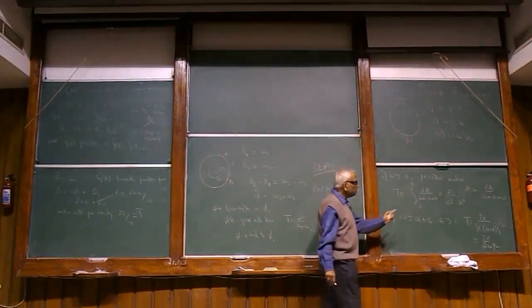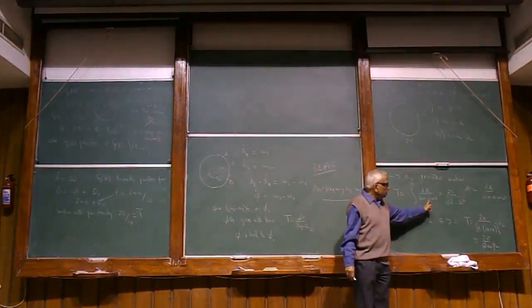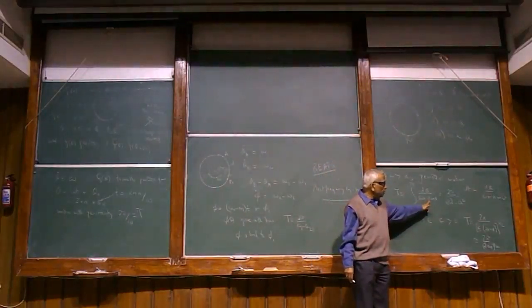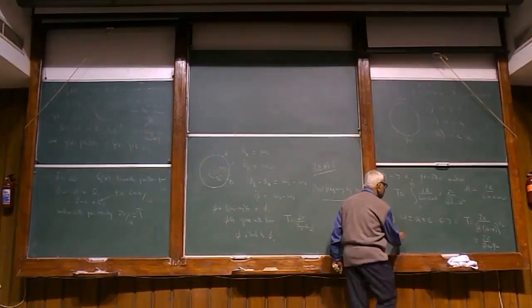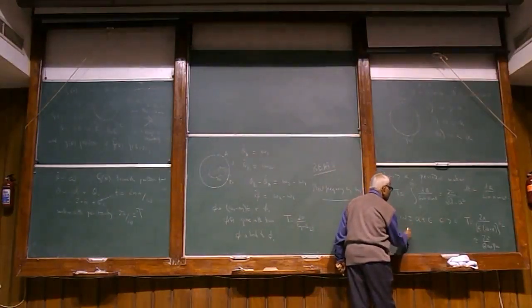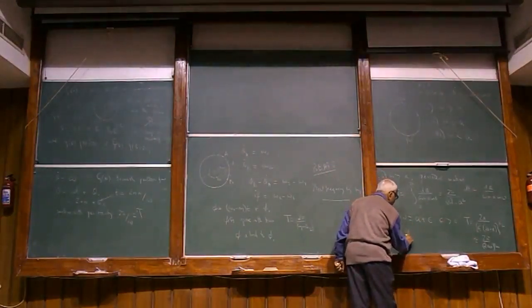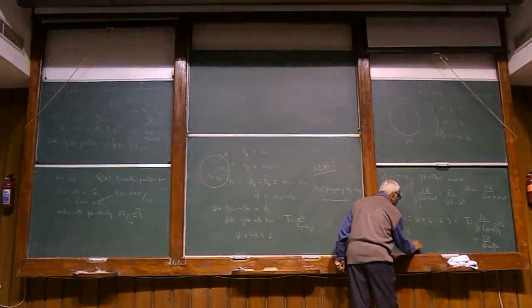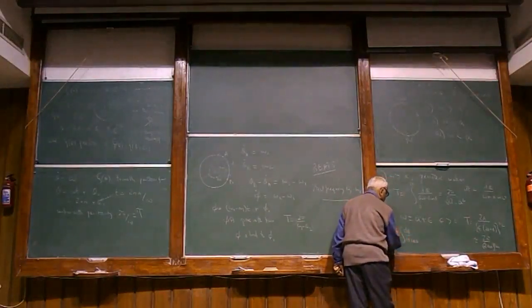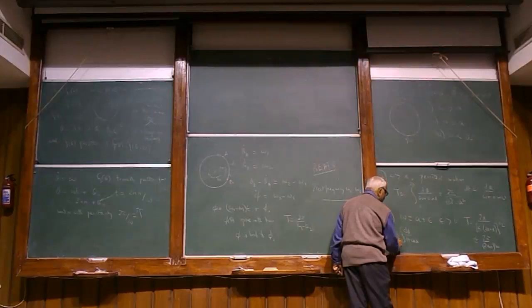As you can see over here, if omega is going to become equal to a, then this integral over here is going to be d theta over 1 plus cos theta, and 1 over omega. So this is omega equal to a.